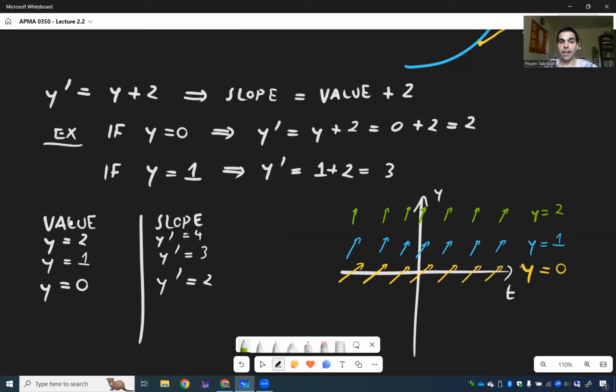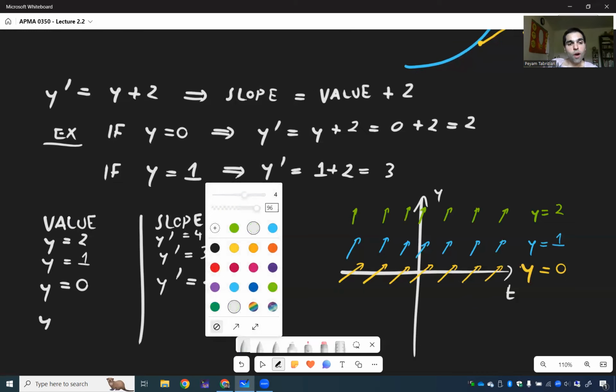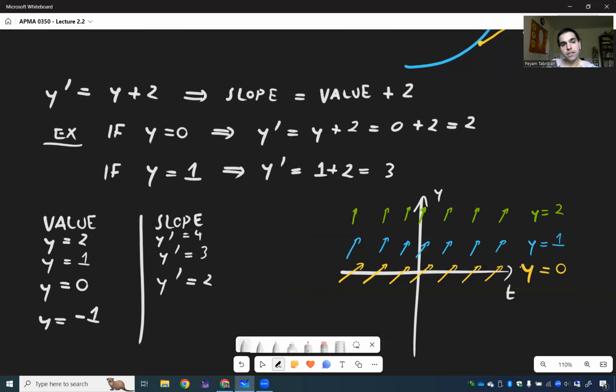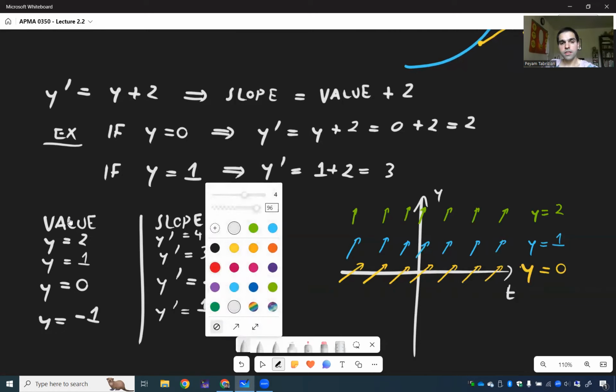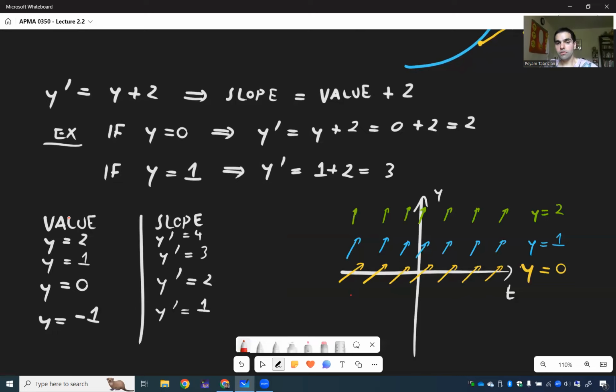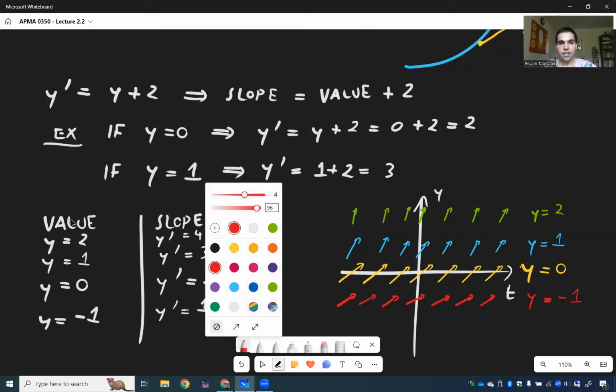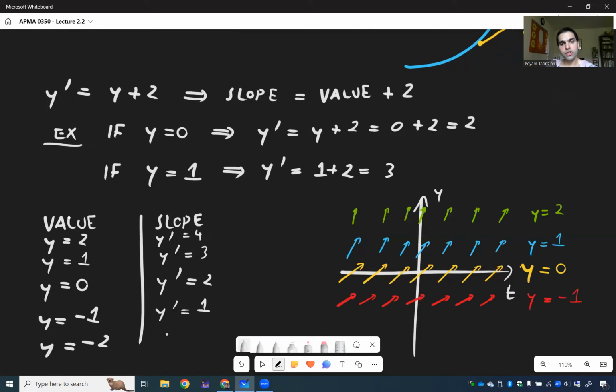All right, on the other hand, let's go down a bit. So if y is minus 1, then y prime is minus 1 plus 2, which is 1. And that is a bit less steep. So maybe it looks like that. That's for y equals minus 1. And what's interesting is for y equals minus 2, then y prime would be 0, which is actually horizontal.